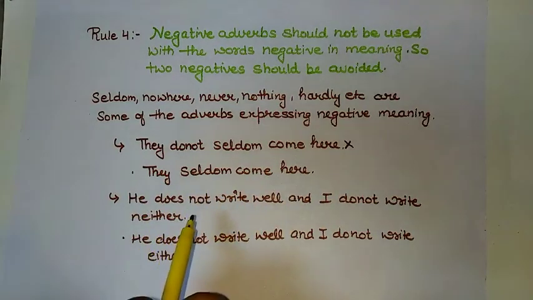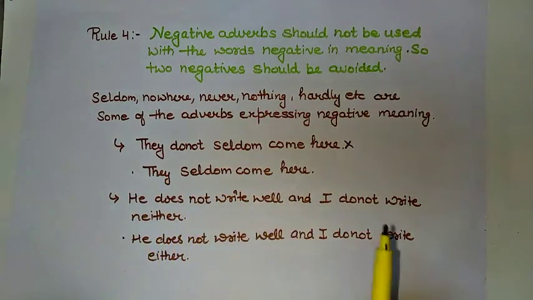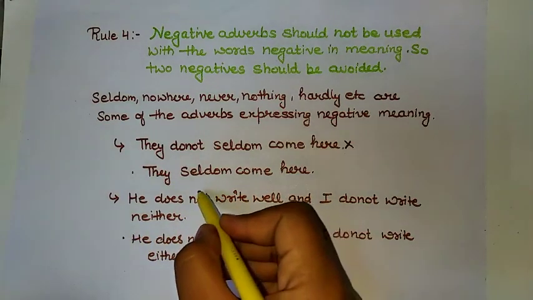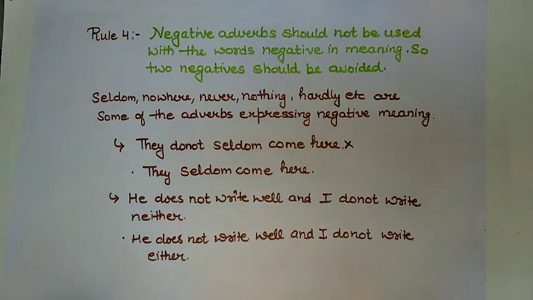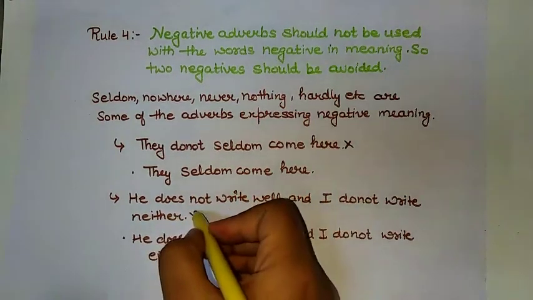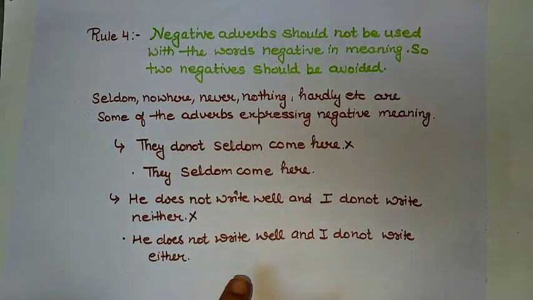He does not write well and I do not write neither. You can see here I have used not and neither. Both are showing negative sense. The sentence should be he does not write well and I do not write either. So these adverbs are used in such a way that there should be no error and no change in the meaning or sense of the sentence.